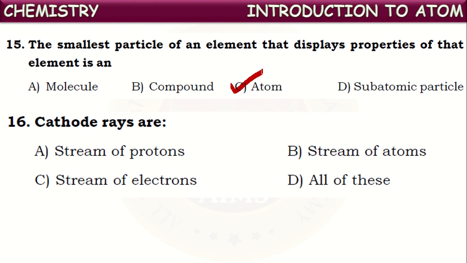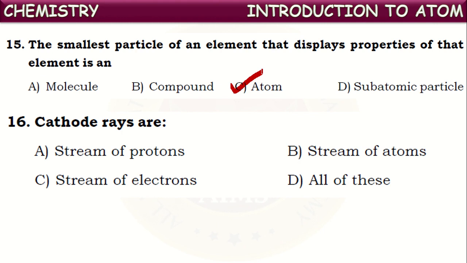Next one. Cathode rays are. What are cathode rays? Cathode rays are the stream of negatively charged particles called electrons. And here we can remember one point. Cathode ray properties are irrespective of the gas taken in the discharge tube. Whatever the gas we take in the discharge tube, on applying high voltage current, the negatively charged particles produced are cathode rays.